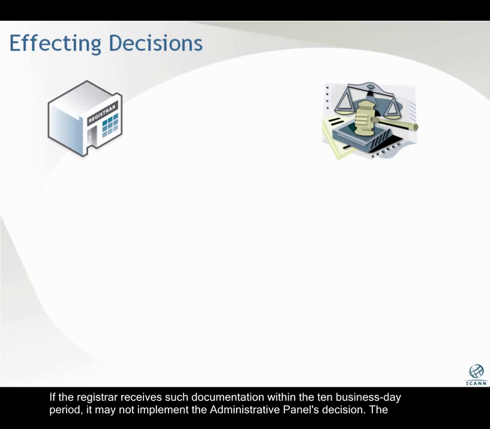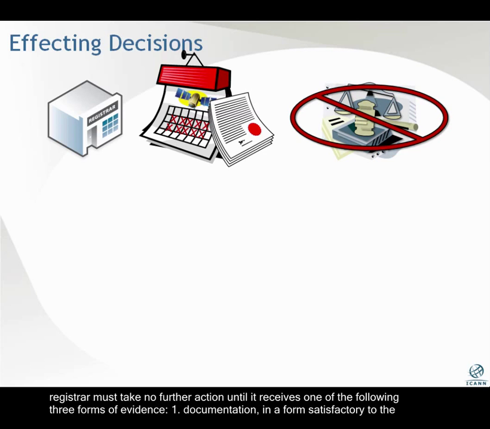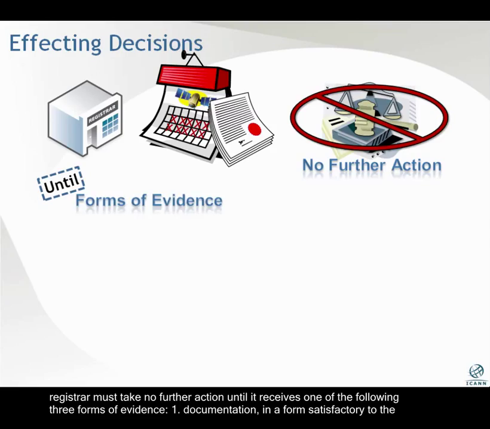If the registrar receives such documentation within the 10 business day period, it may not implement the administrative panel's decision. The registrar must take no further action until it receives one of the following 3 forms of evidence. 1.